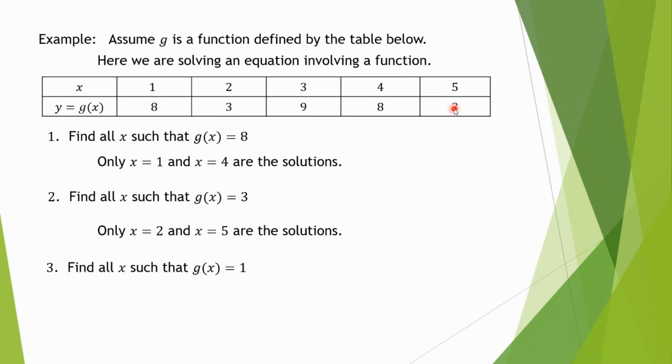We never get 1 back as output. In other words, 1 is not in the range. So there are no values. There are no solutions. This is everything we have about the function, and there's no x value that when you plug in, g of that is 1. So there are no solutions to this equation.